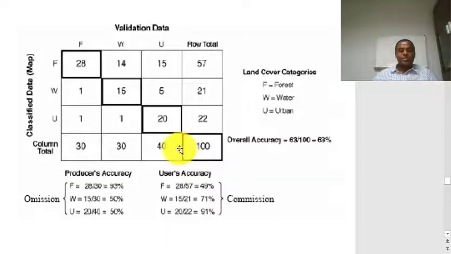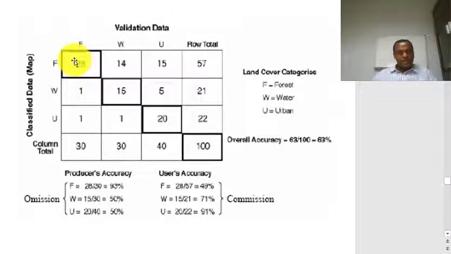So I have an example. This is an error matrix. As I told you earlier, an error matrix is a table which compares validation data with the classified map. We now have three classes: forest, water body, and urban, in the classification as well as in the field data.